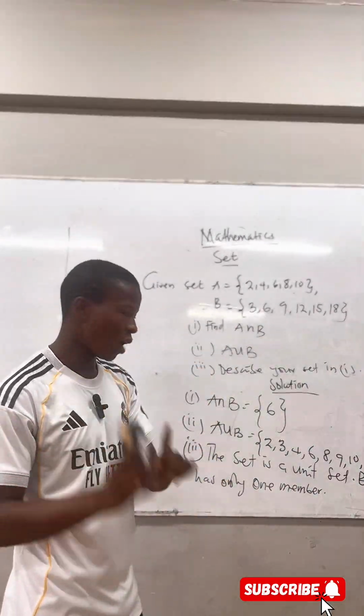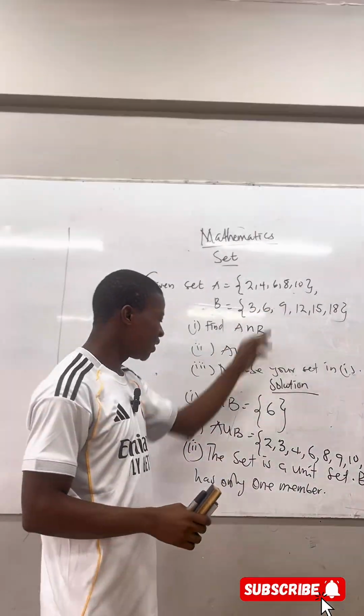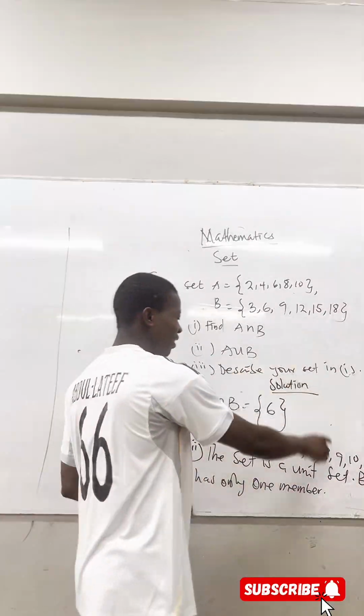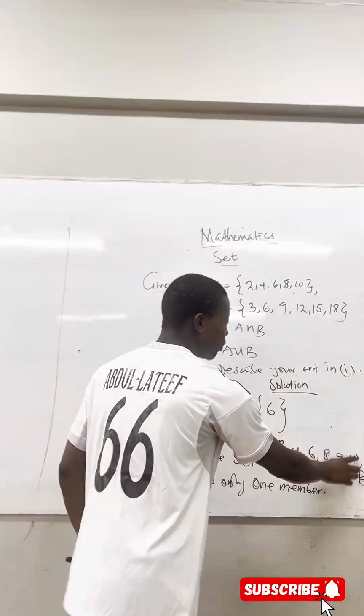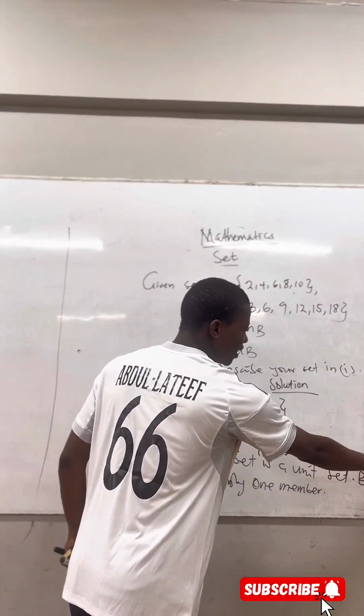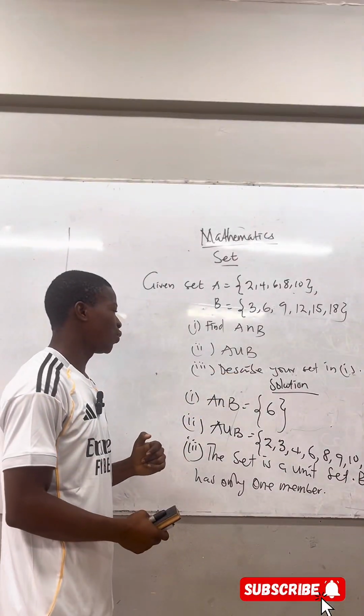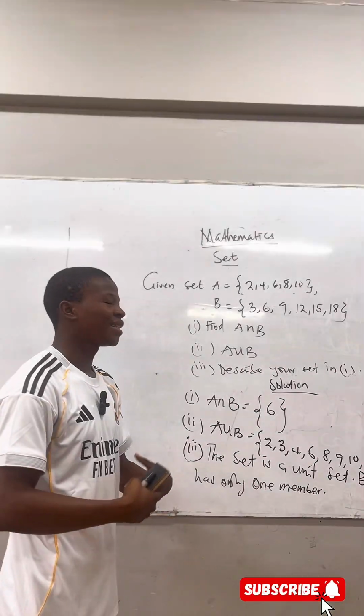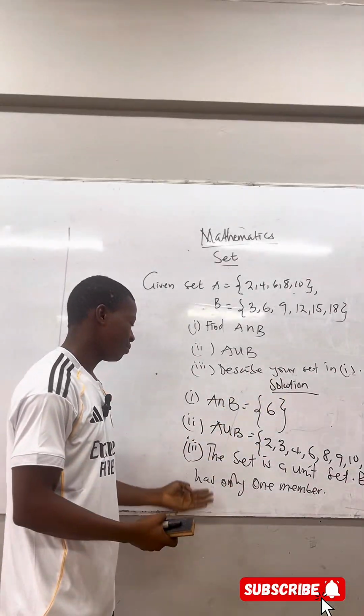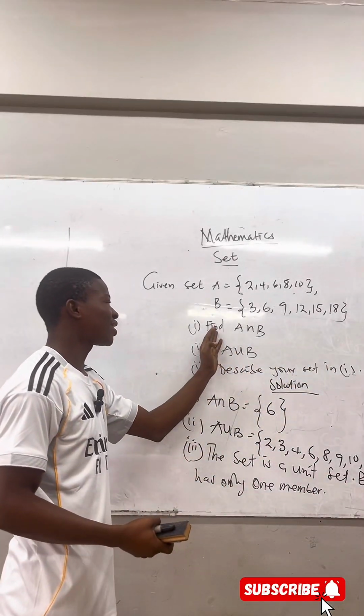We write it only once. Followed by 8. Then we have 9. We have 10. We have 12. We have 15. And 18. And the III said we should describe our set in I. So this is our I.